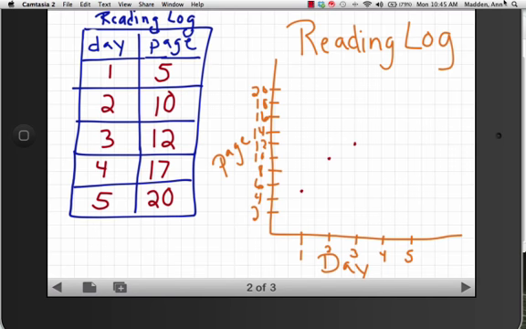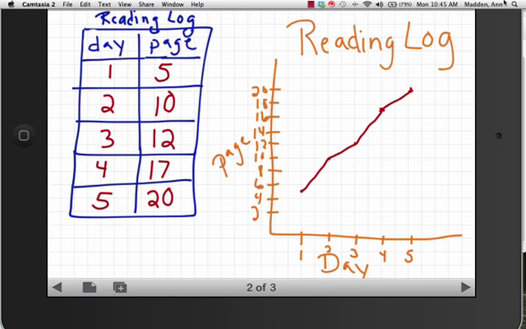Day 4 is 17, which would be in between 16 and 18. And day 5 is 20. Okay, what I need to do is I need to connect the dots. And there I have my line plot.